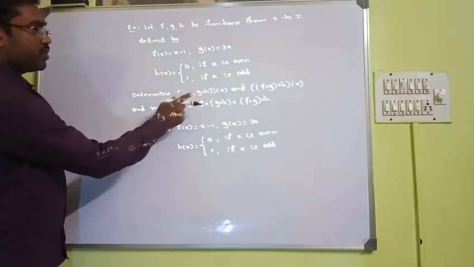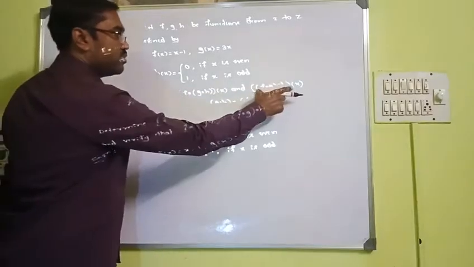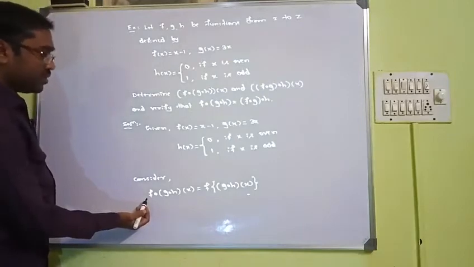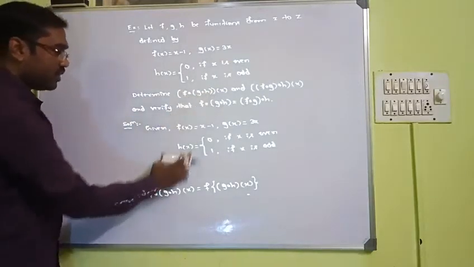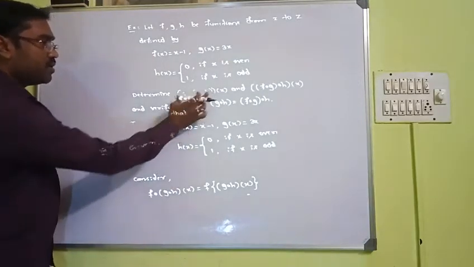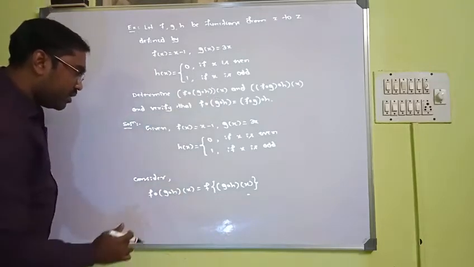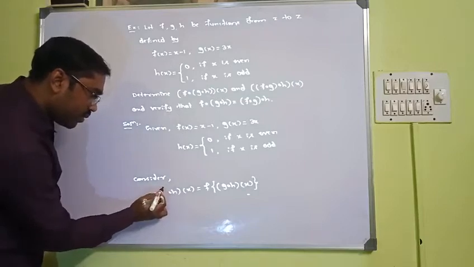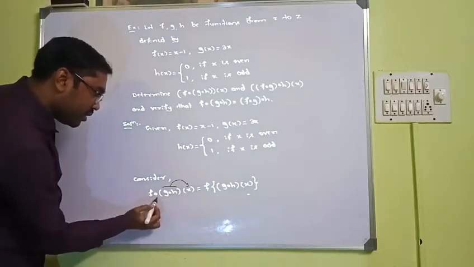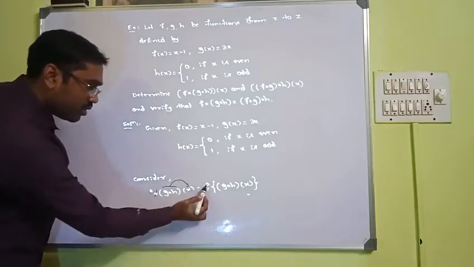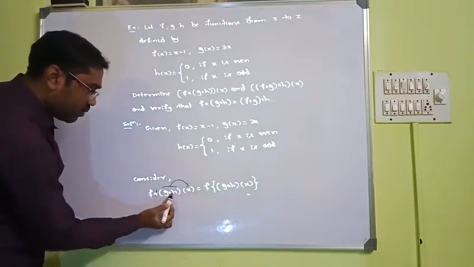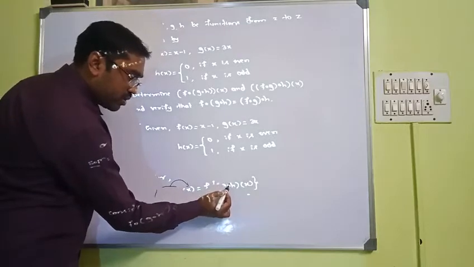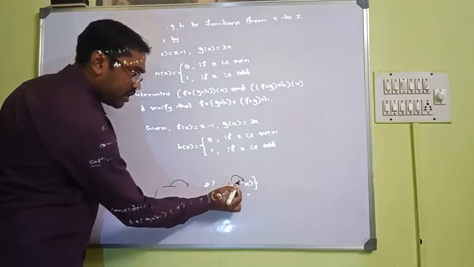Now let us compute these two one by one. Consider f∘(g∘h). We are finding this value. Since these two are associated, we have to apply this on x and remove this composition. Yes, f of g of h of x. In the next step, we remove this composition and we apply h on x.